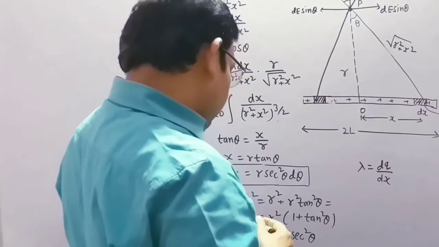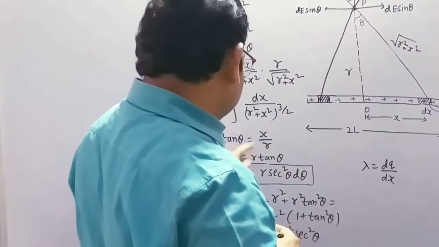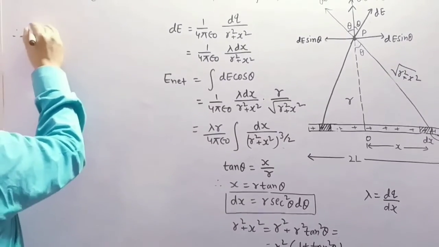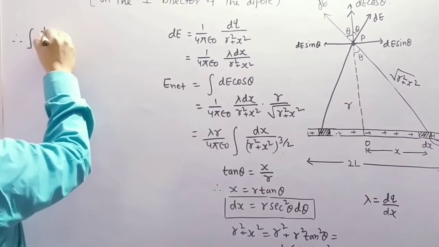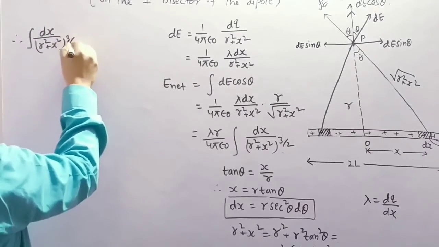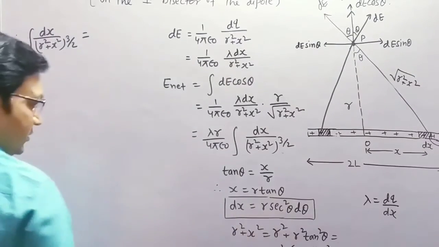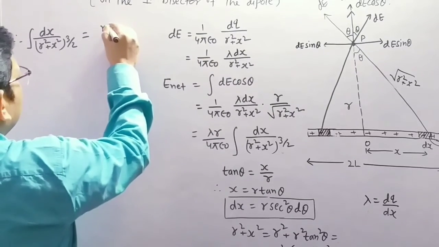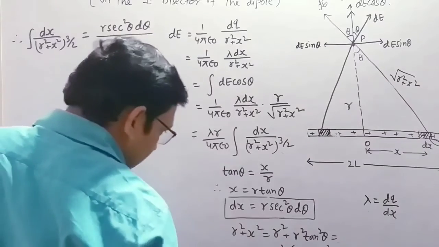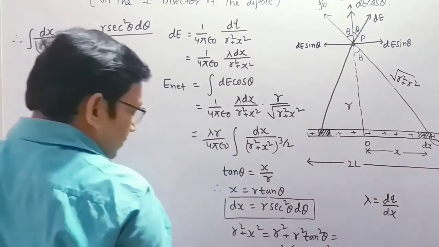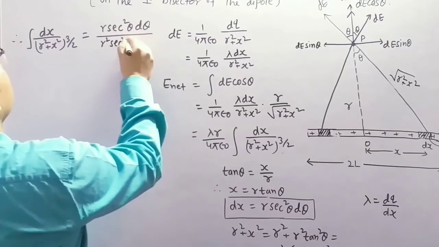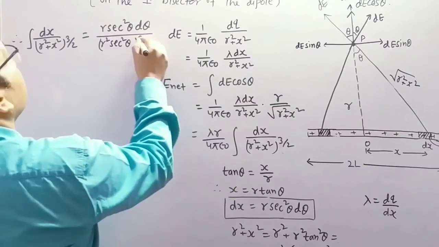Now putting these two values, r square plus x square and dx, in this expression, we have the integration of dx by (r square plus x square) to the power 3 by 2, where dx is r sec square theta d theta, and r square plus x square is r square sec square theta to the power 3 by 2.